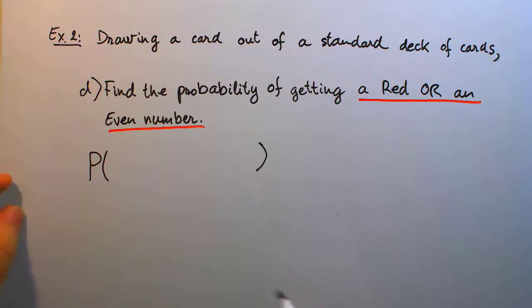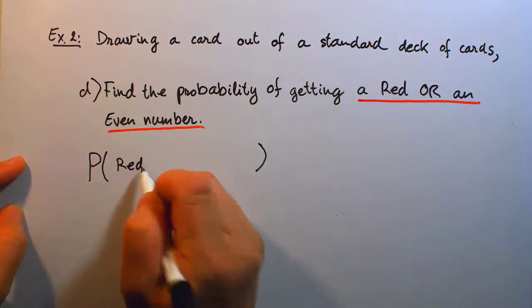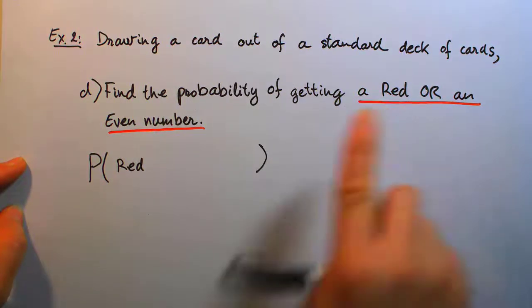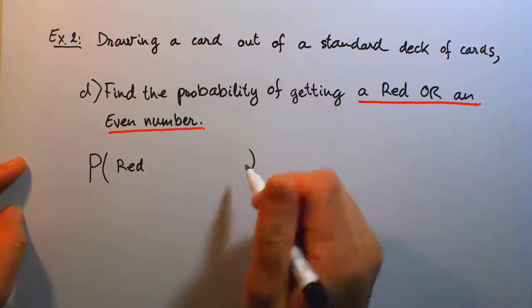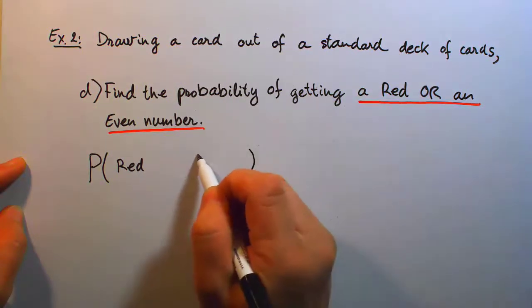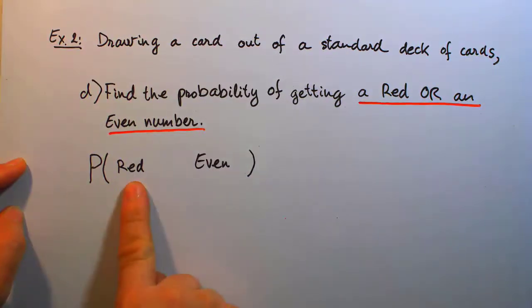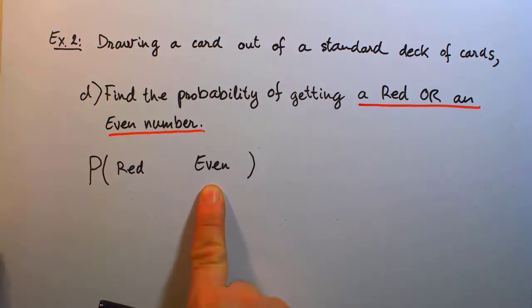Now when we put that in a symbolic statement, red is one property, one requirement. We have another requirement here, that being even.